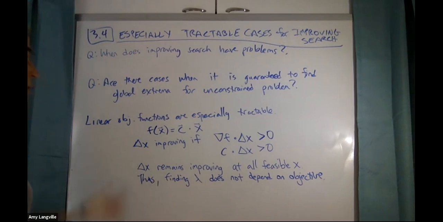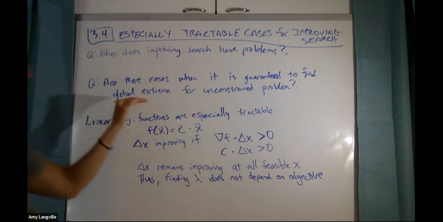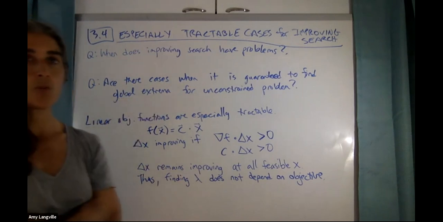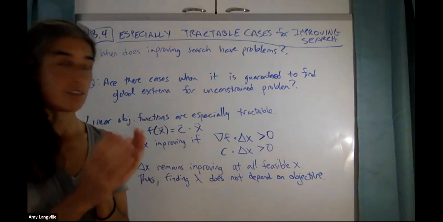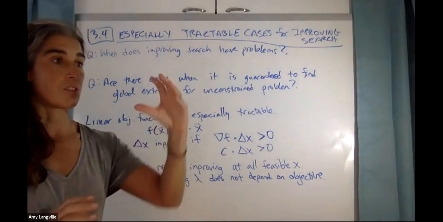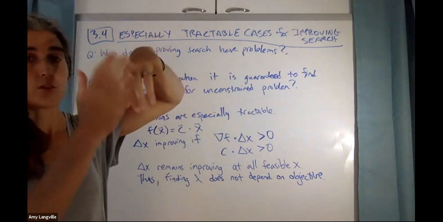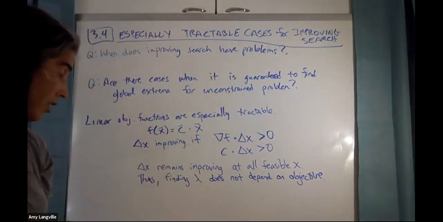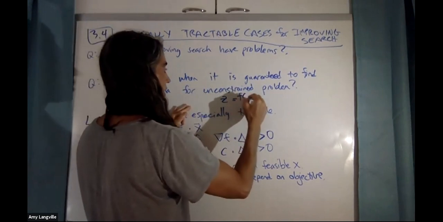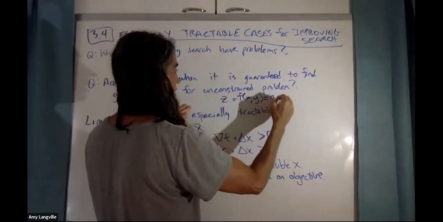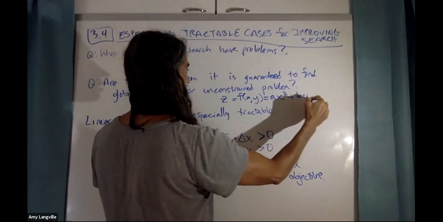Let's think about when it seemed to do well. What were cases where it was guaranteed to find the global extrema? Those could be cases where the surface is particularly simple. Maybe it's just that downward facing circular paraboloid, or in general z as a function of x, y equals ax squared plus by squared.